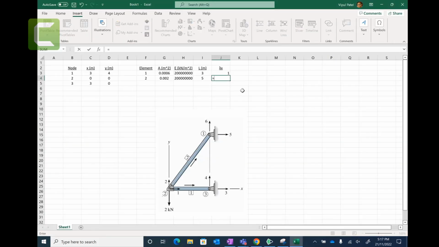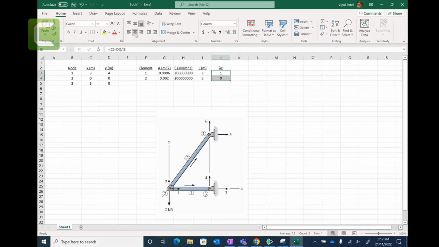Similarly, you have y of 3, take away y of 2. So bracket y of 3, take away y of 2 divided by length. So you get 1 and 0. Right.